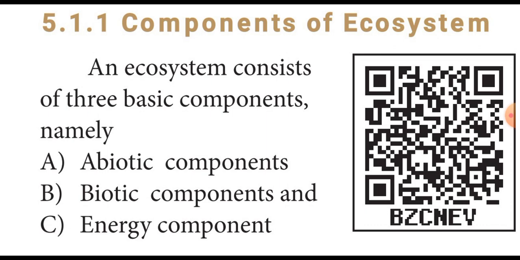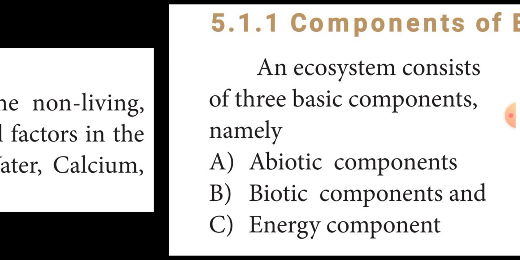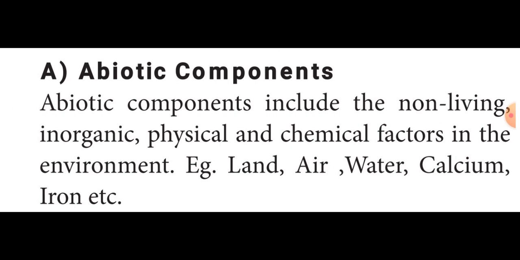Now we are going to learn about them one by one. The first basic component of the ecosystem is the abiotic components. Abiotic components include non-living, inorganic, physical and chemical factors.